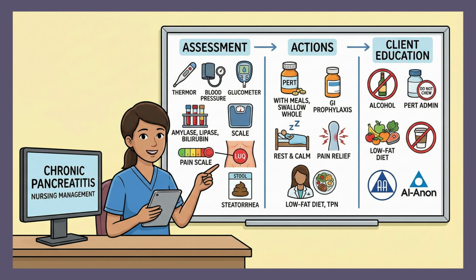Pain assessment focuses on the persistent, recurring nature of epigastric and left upper quadrant pain. Abdominal palpation may reveal tenderness or masses, the pseudocysts or abscess. Skin and scleral color are monitored for jaundice, and stool characteristics for steatorrhea or clay-colored stools.